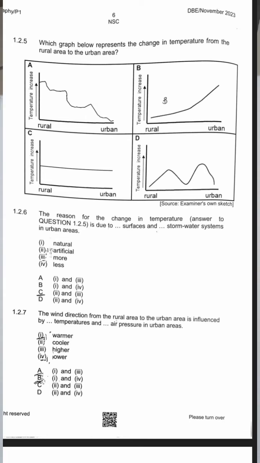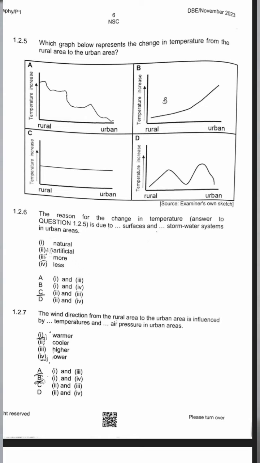Okay, so which one is it? Is it A? A, as you can see, basically depicts that the temperature decreases from rural areas to urban areas, meaning it is implying that urban areas have lower temperatures than rural areas, which is a lie. So that is incorrect.